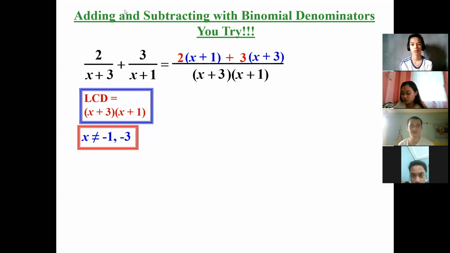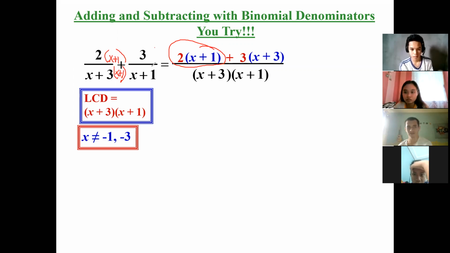Okay? Or in our previous solution, we can do it in this way. Since the LCD is x plus 3 and x plus 1, the numerator and the denominator of the first term will be multiplied by x plus 1 and x plus 1, ending up with this expression, right?